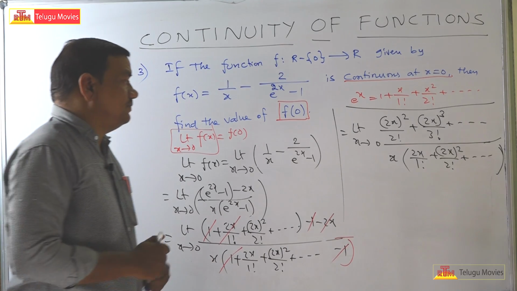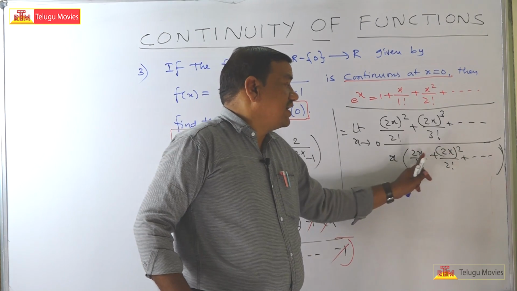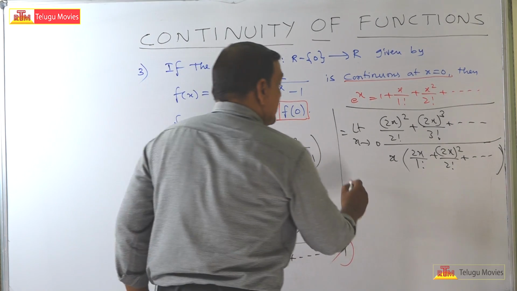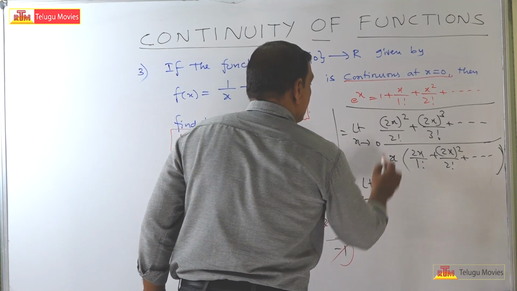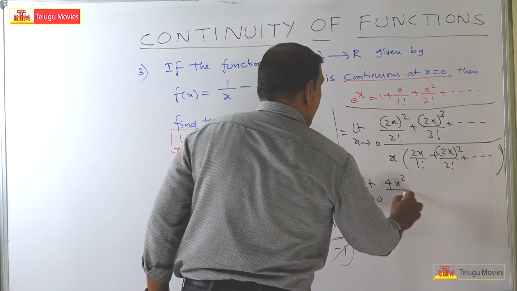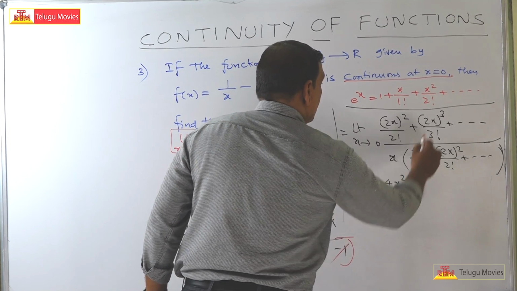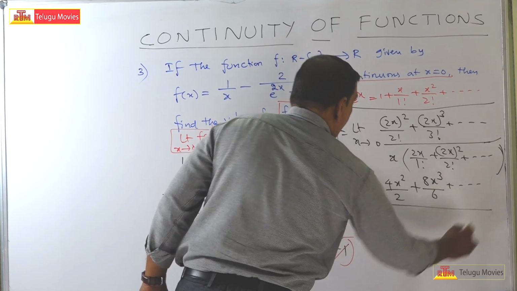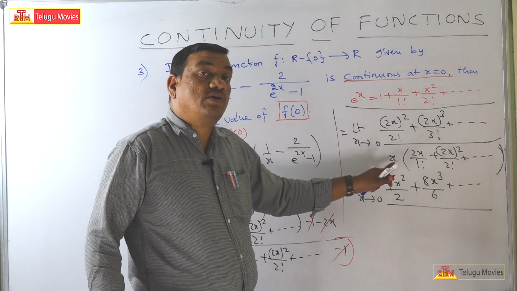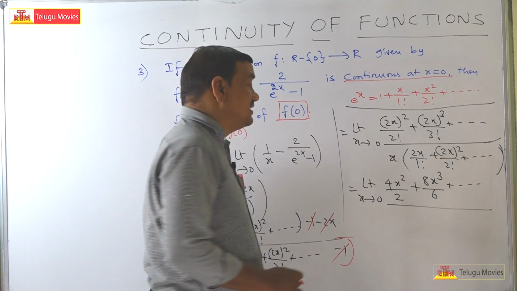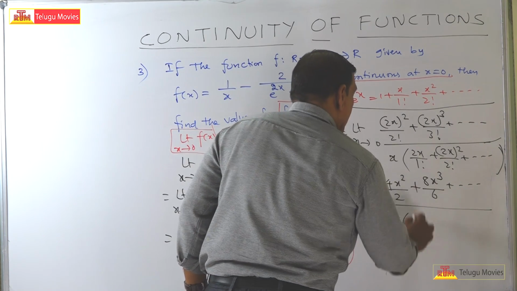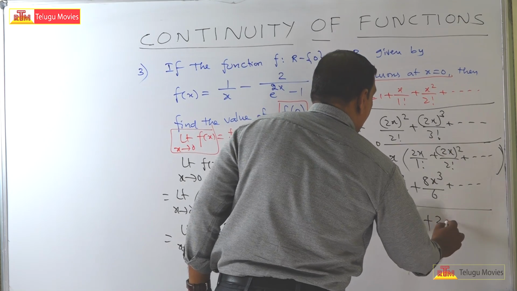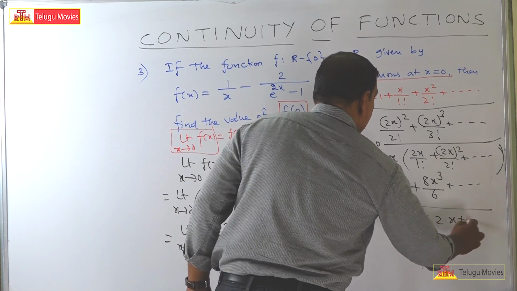The best thing is in the denominator, take x common outside. Limit x tends to 0, numerator: 4x square by 2 factorial, that means 2x square, plus 8x cube by 6 plus so on. Denominator: I am taking x common outside. Already x is outside, so x into x is x square. Inside: 2 by 1 factorial plus 4x by 2 and so on to infinity.